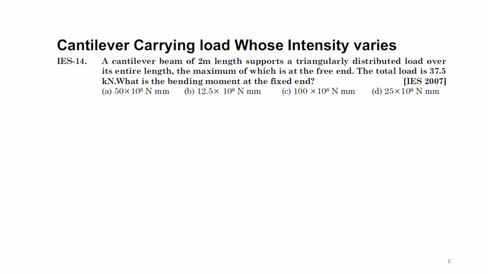Next question. Okay, cantilever carrying load whose intensity varies. Let's read the question. A cantilever beam of 2 meter length supports a triangular distributed load over its entire length, the maximum of which is at the free end. Okay, the total load is 37.5 kilonewton. What is the bending moment at the fixed end?